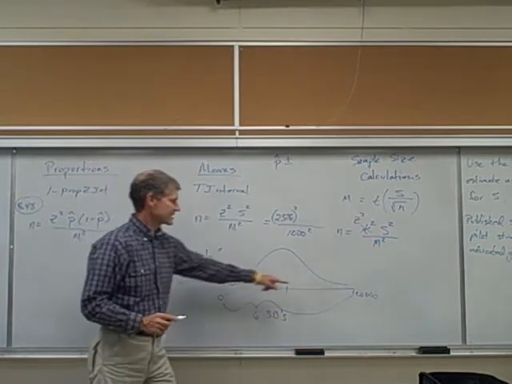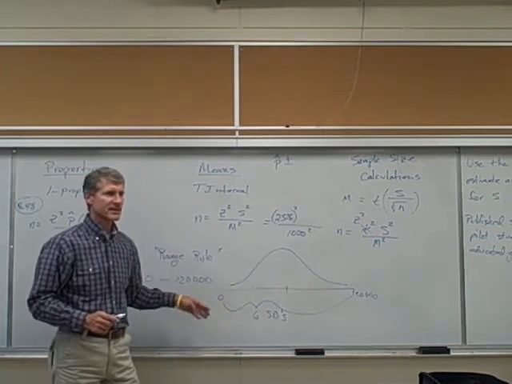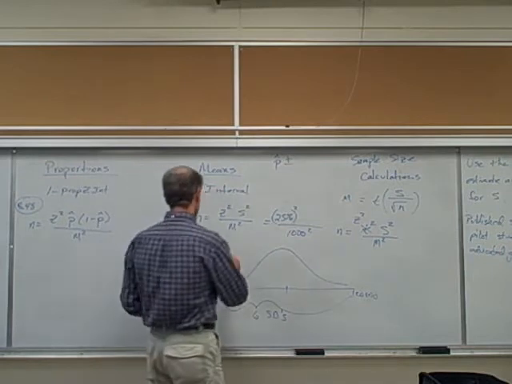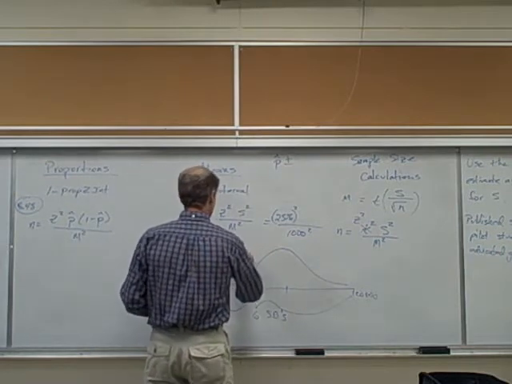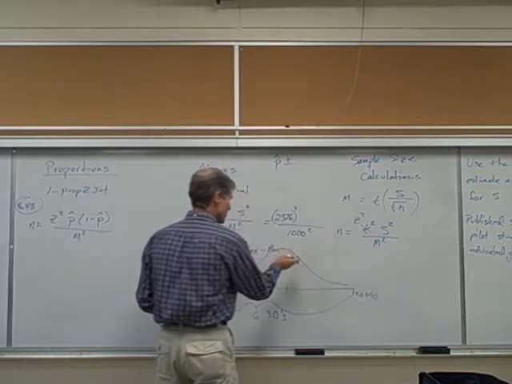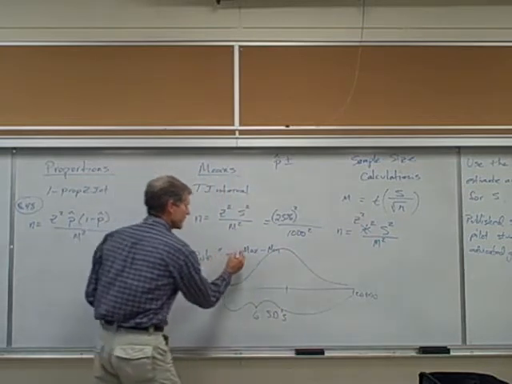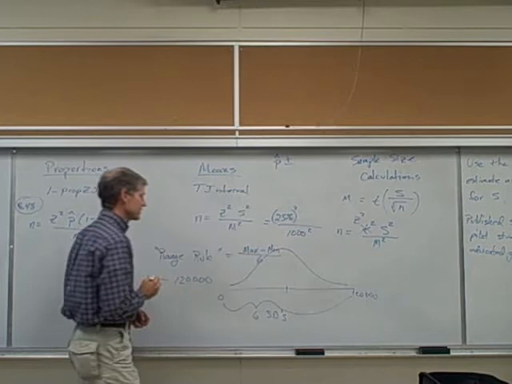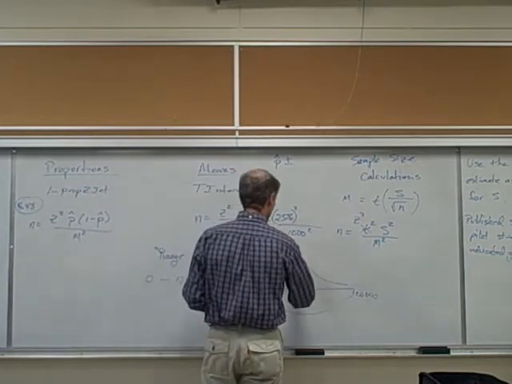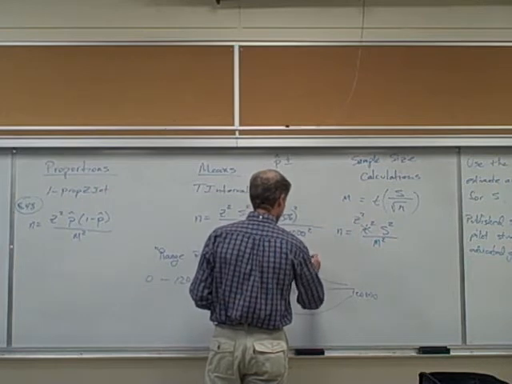So I take that distance and I divide by 6, and I get an estimate of standard deviation. The range rule is you take the max, subtract the min, and that's the range, and you divide by 6, and you get an estimate of the standard deviation. It's fairly crude, but it's an estimate.